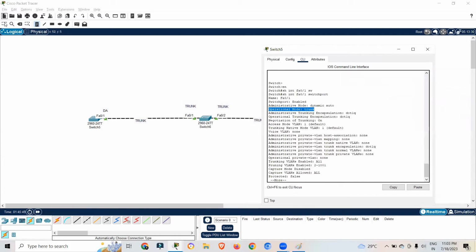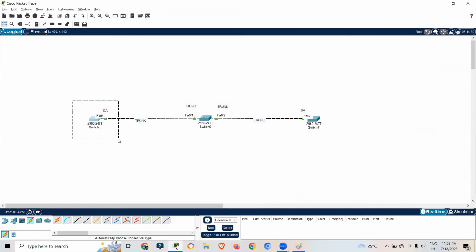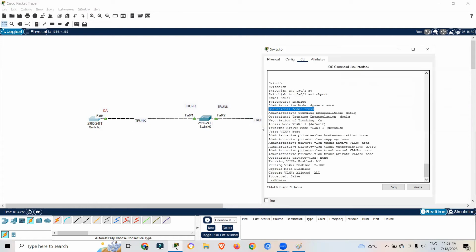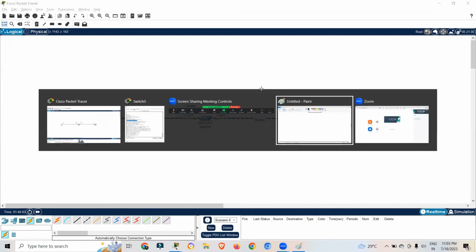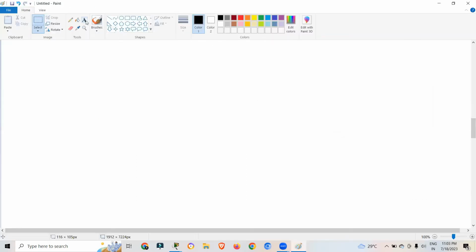I opened the configuration of this switch, and you can see that the link is in trunk mode. What are the commands to make the trunk and change the modes?